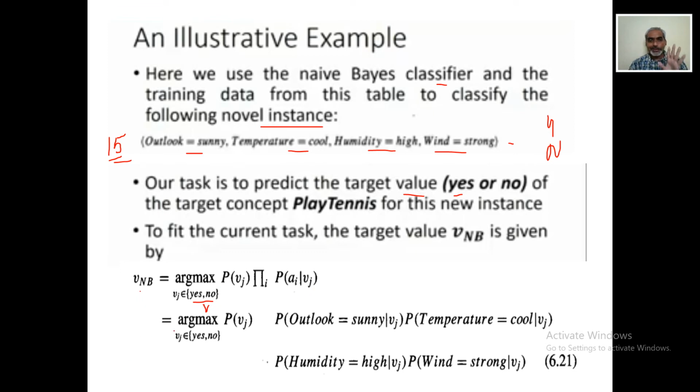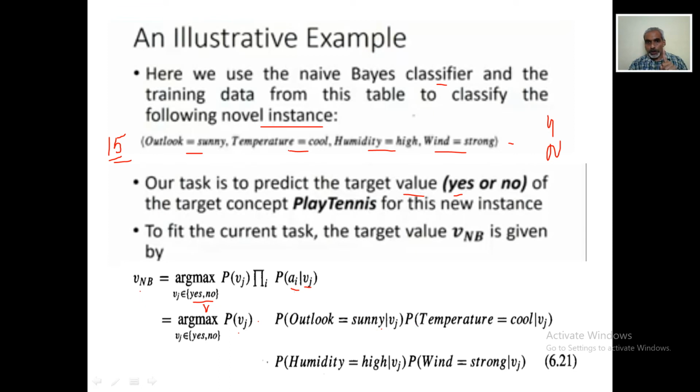Right? Now this is equal to argmax of Vj belonging to yes or no, probability of Vj, multiplied with the product. Now you see what is Ai, how many variables are there? Outlook is equal to sunny, right? So we will take probability of outlook equal to sunny given Vj, multiplied with the next attribute A2.